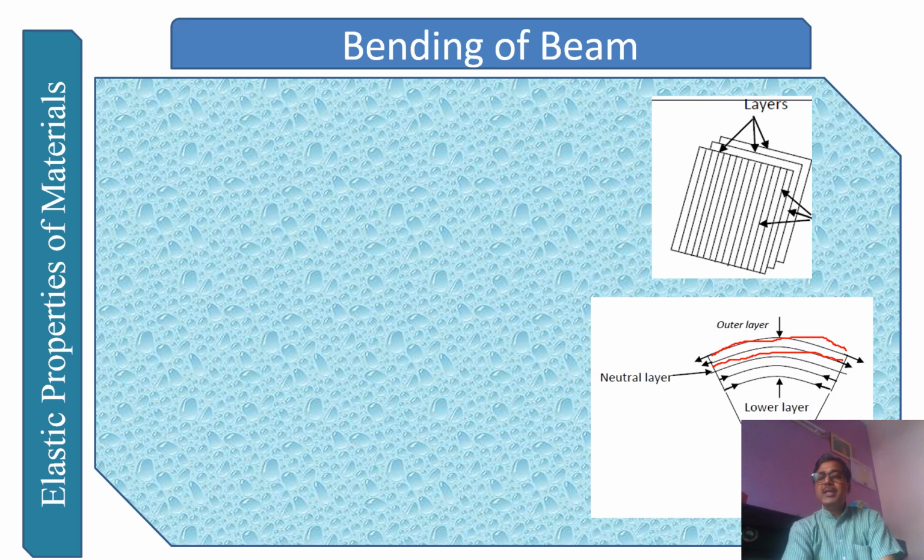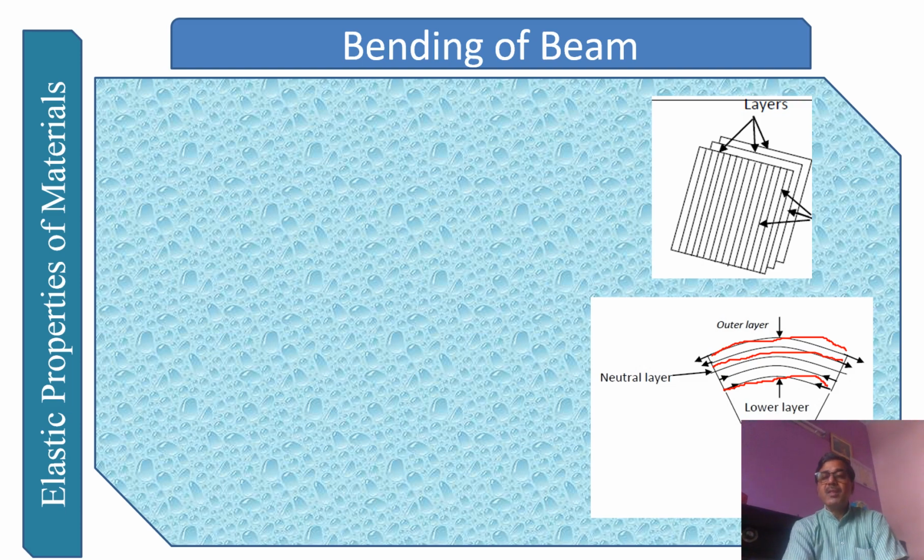Now you locate here the different layers. This is the top layer and this is the bottommost layer. You will find that the top layer is getting elongated if you apply the force, and the bottommost layer is getting contracted.